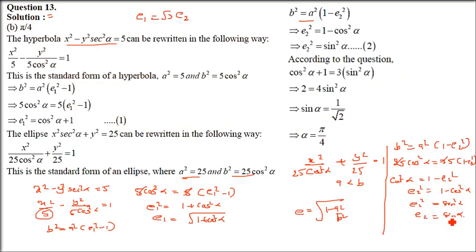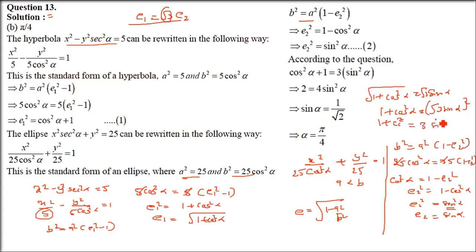Now let us keep e2 square because we are going to square it. So e1 is equal to root 3 times e2. What is e1? It's under root 1 plus cos square alpha, and e2 is sin alpha. Now square this. So you have 1 plus cos square alpha, and root 3 square is 3, so this becomes 3 sin square alpha. 1 plus cos square alpha equals 3 sin square alpha.